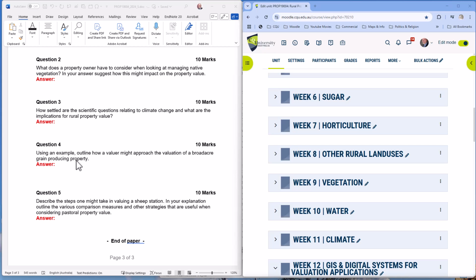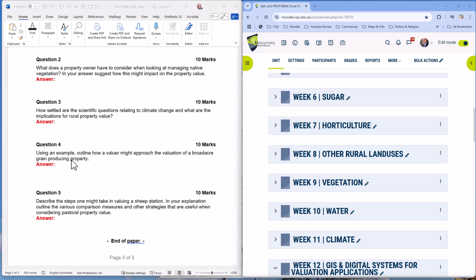Looking at question 4, okay, here we have another land use, again very general. Answer using example outline how a valuer might approach the valuation of broad acre grain produced. Basically, how might a valuer approach the valuation of, and then fill in a land use here.